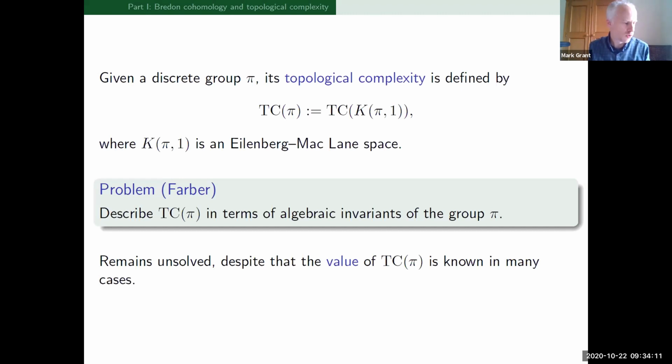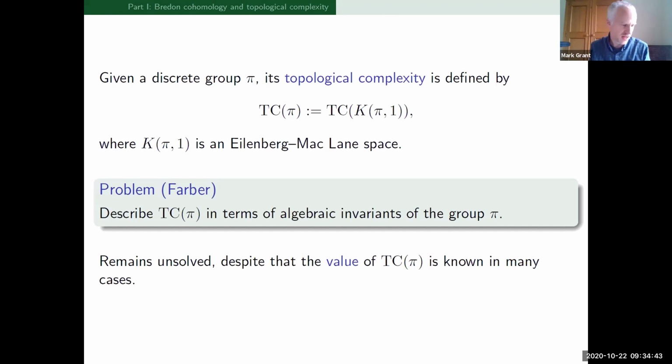Michael posed the problem in a survey article published in 2005 to describe TC(pi) in terms of algebraic invariants of the group pi. This problem remains unsolved, even in conjectural form, I suppose. We don't really have a conjecture about what this description should be, despite the fact that the exact value of TC(pi) is known for many groups or families of groups.